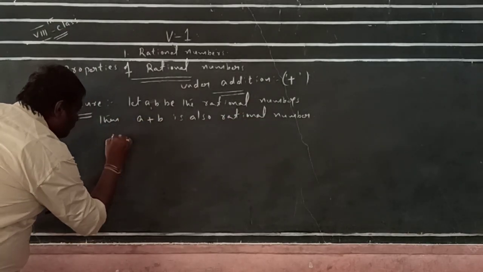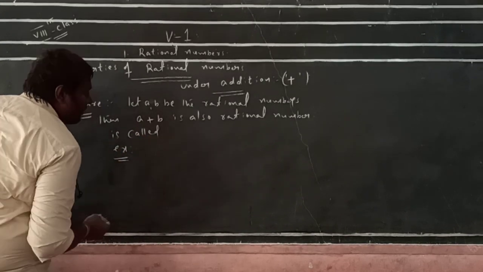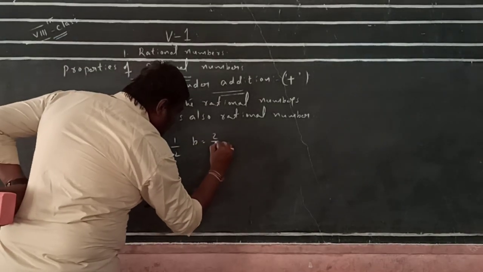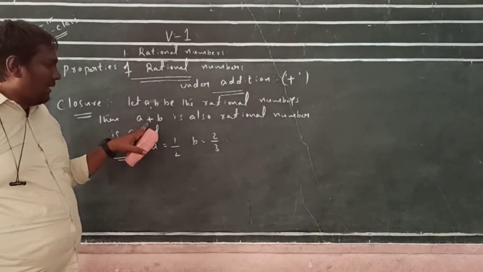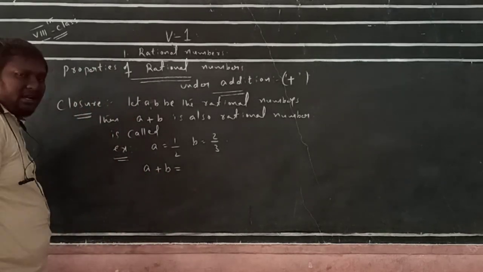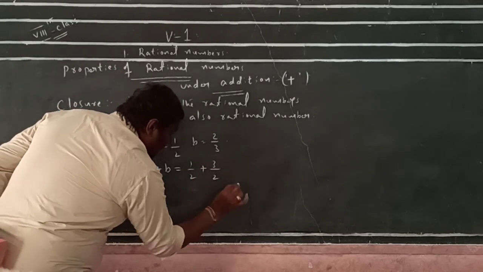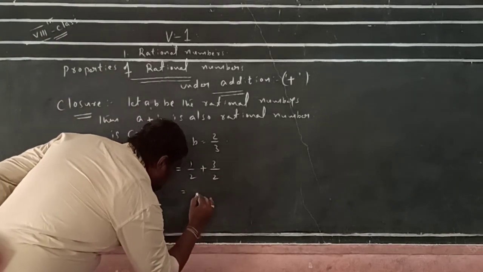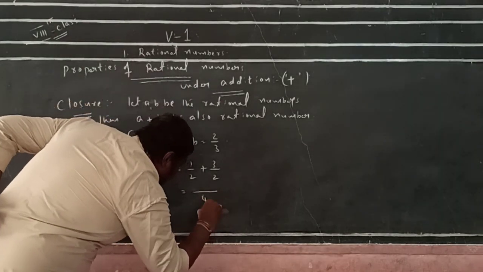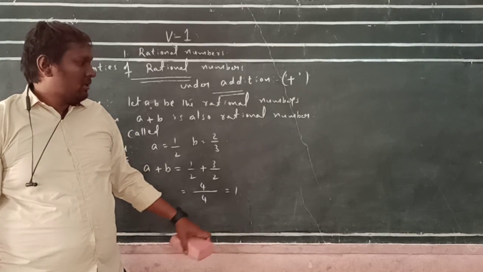For example, you can take A value 1 by 2 and B value 3 by 2. Here A plus B is the condition. Here LCM is 2, 4 by 2 is 2. 2 is also a rational number.